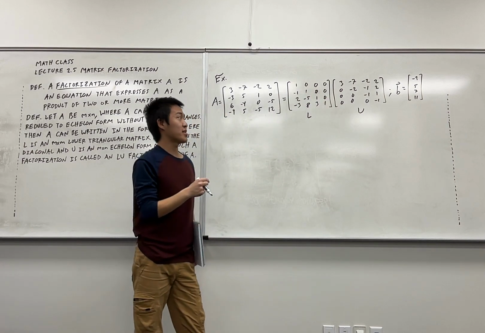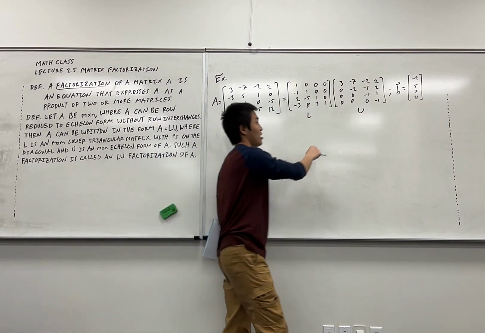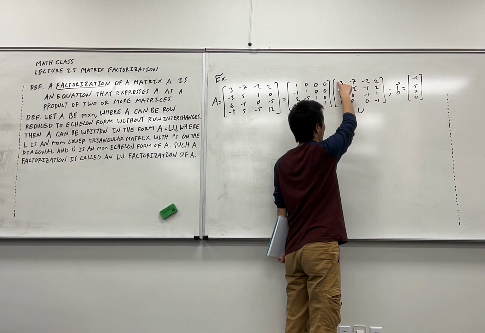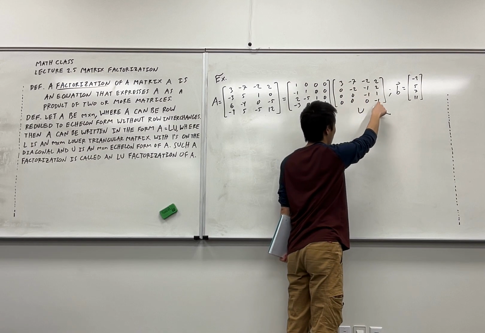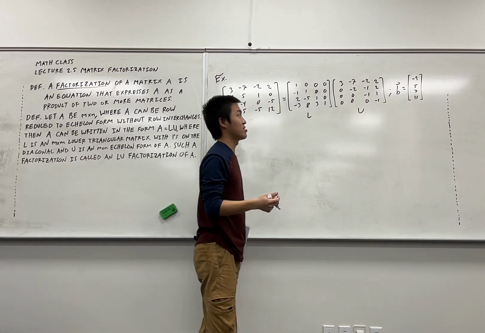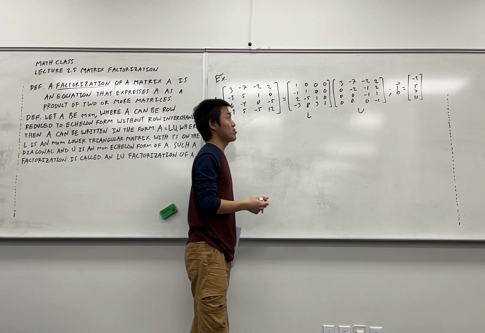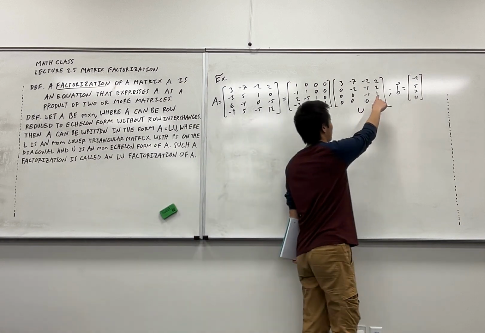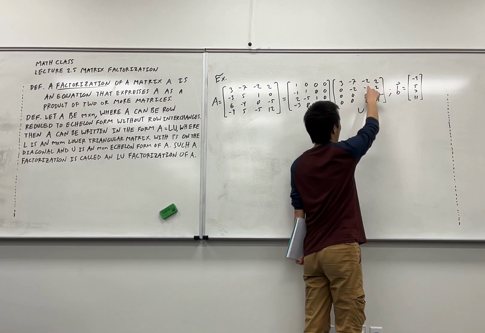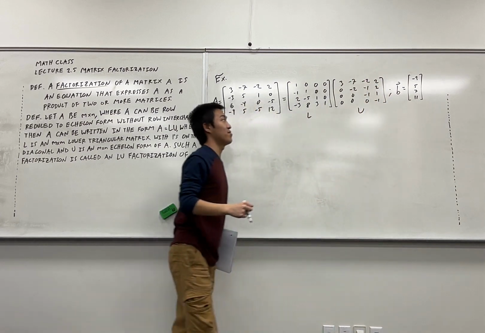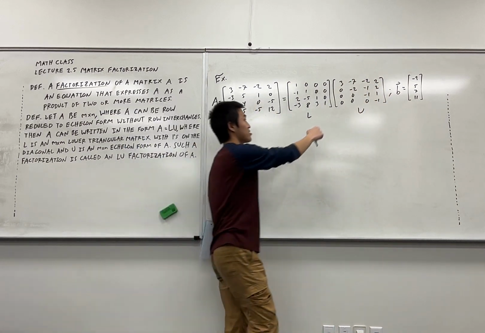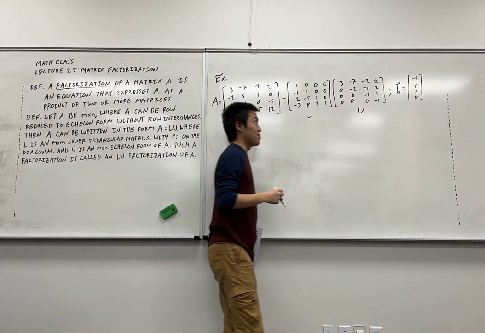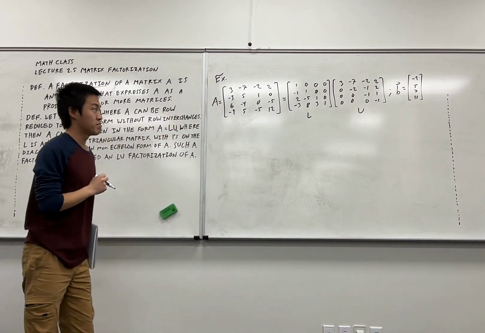So is this lower triangular? Yes. Okay, U. Does it matter that these 3, minus 2, minus 1, minus 1 haven't been simplified to 1s? No, because we're just interested in an echelon form. Does it matter that we have numbers above them? No. The only thing that matters here is that we've cleared zeros underneath the pivots.